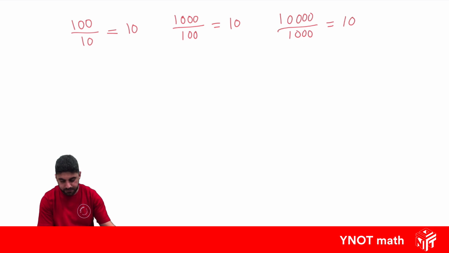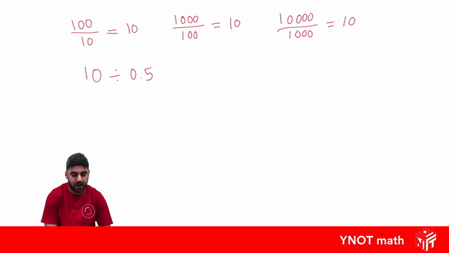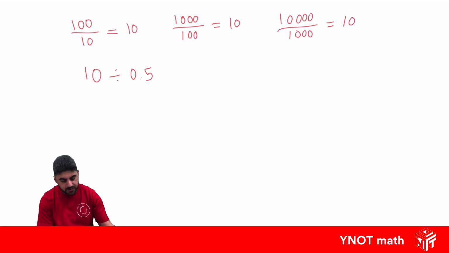So let's have a look at 10 divided by 0.5, because the whole point is we want to learn how to divide by a decimal. Let's rewrite that as 10 over 0.5.